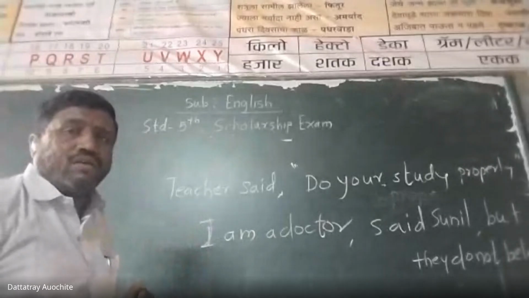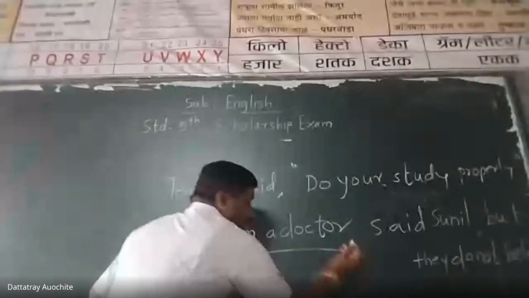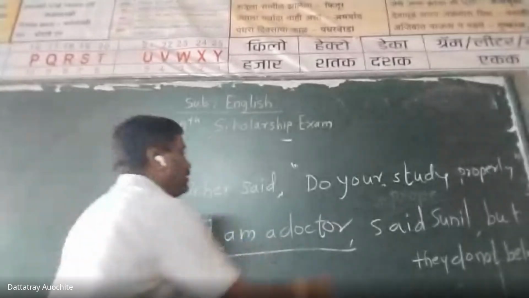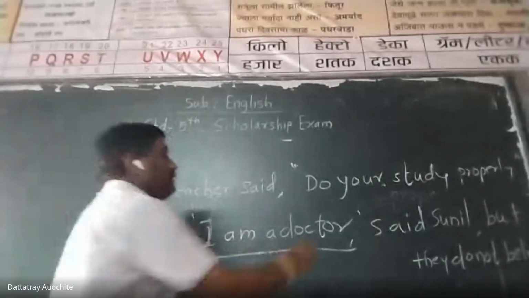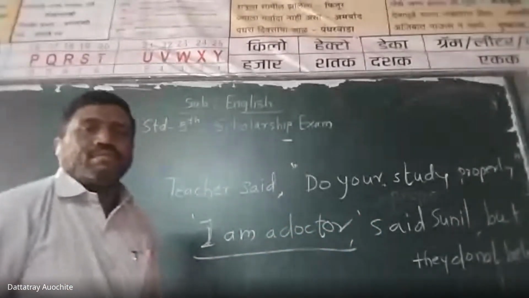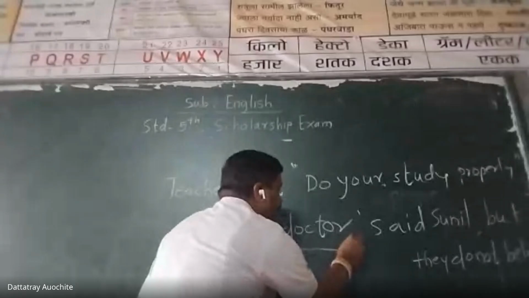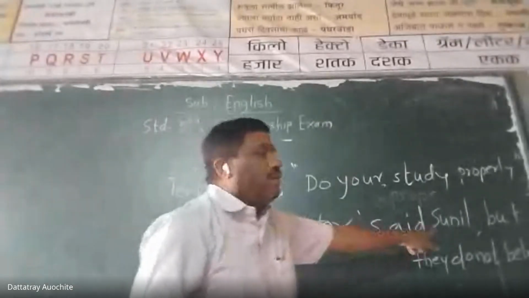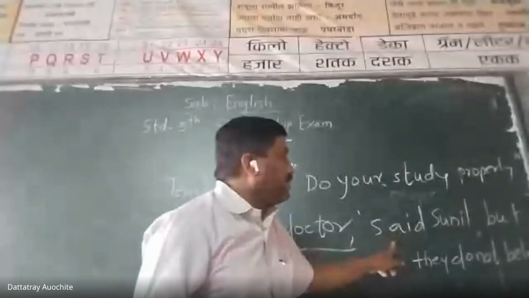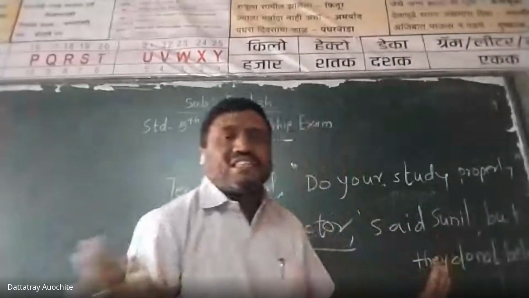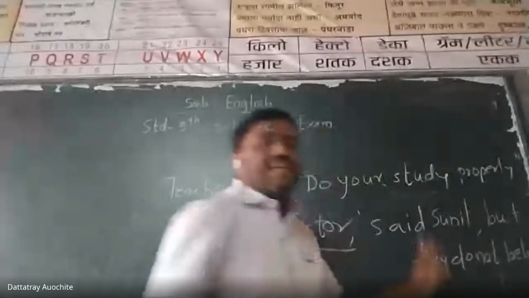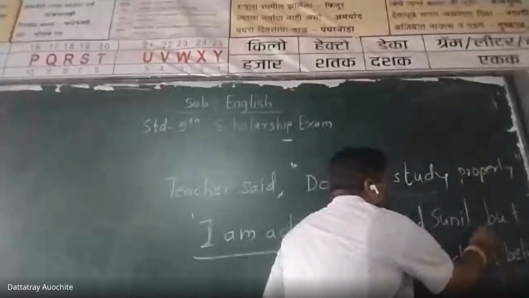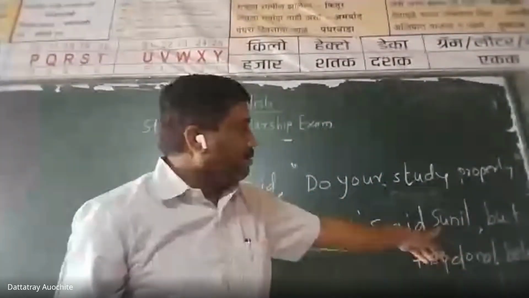What happened here? What is the case here? "I am a doctor" is a clause. It is a direct sentence which is said by Sunil. So after the end of this sentence, there is a comma. Then the reporter and the reporting verb, said Sunil, but the sentence is not complete. There is another addition of information, and that's why we continue by adding a comma.